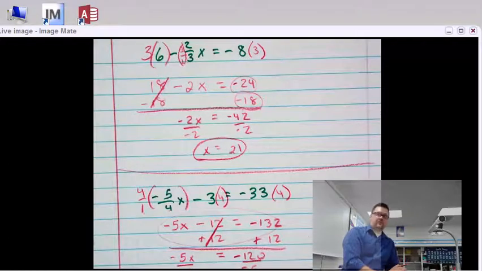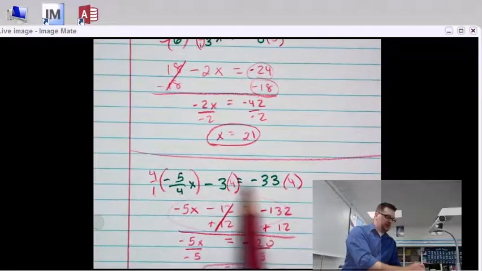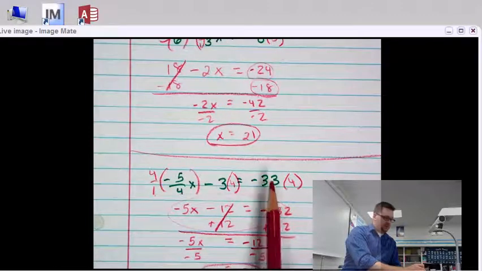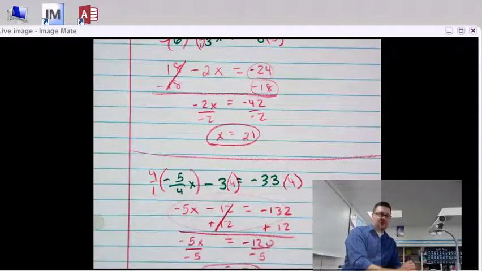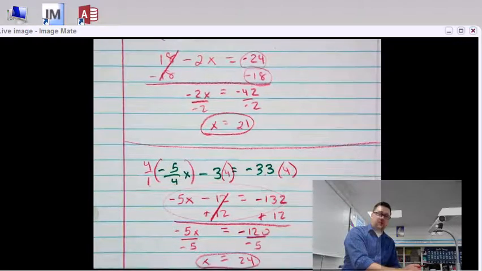Once there are no fractions, it becomes a lot simpler. Now, don't get me wrong. Could you add 3 to both sides? Yes, you could. Could you then divide by -5/4 on both sides? Yes, you could. But honestly, on average, people will not get it correct when attempting that.